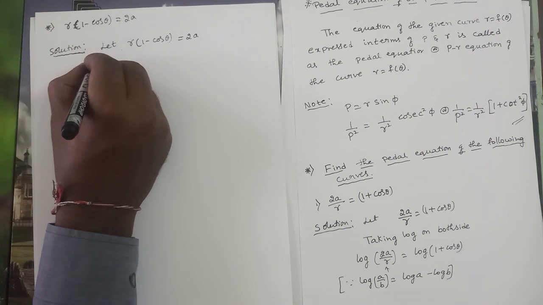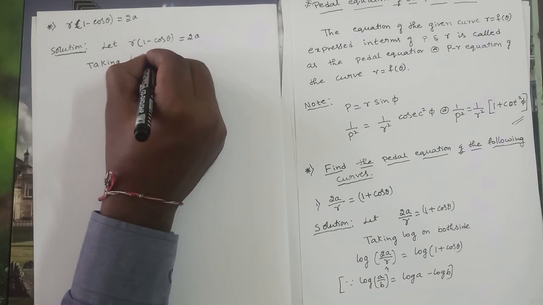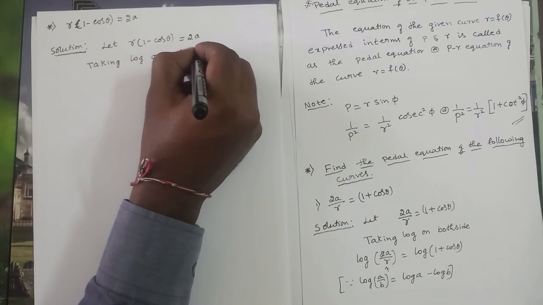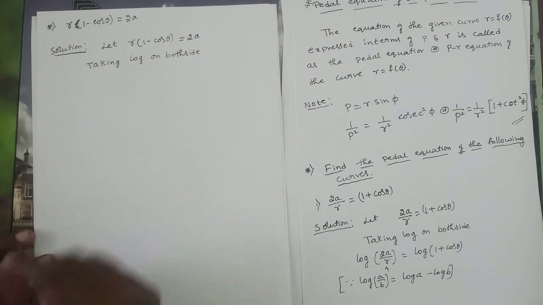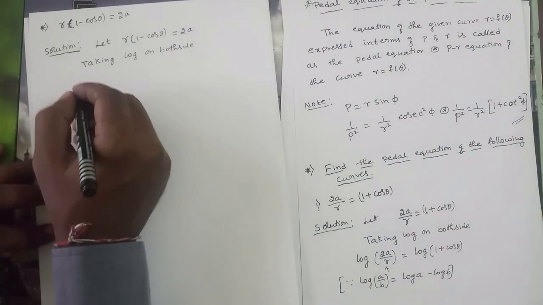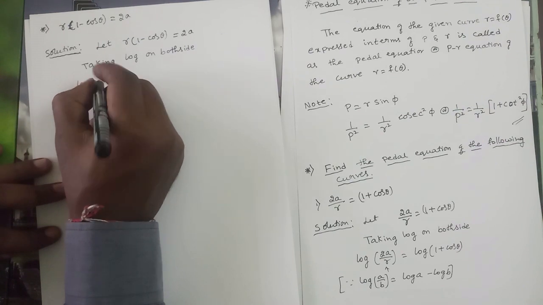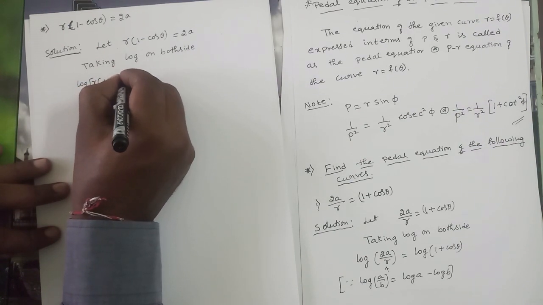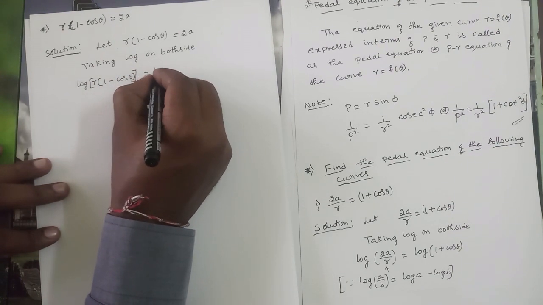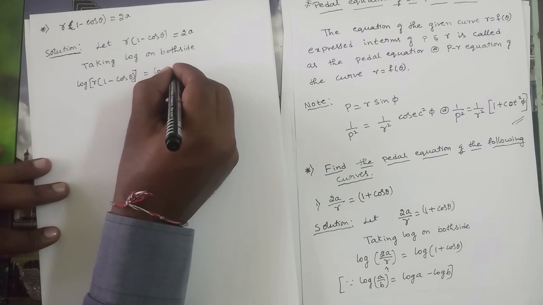So taking log on both sides, we get log of R into 1 minus cos theta equals log 2A.